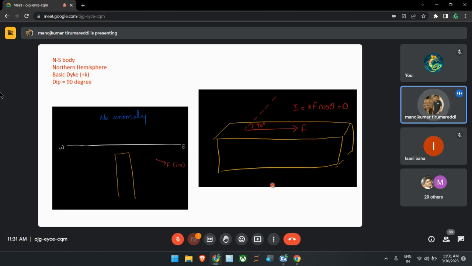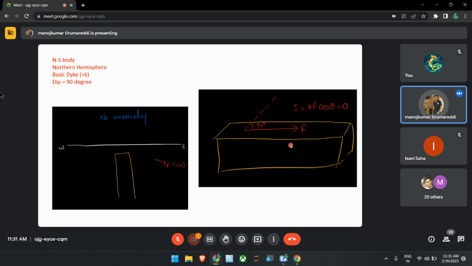That's why, irrespective of the body strike, we will do the magnetic survey in north-south directions only. Because if you do the survey in the east-west direction, we don't get anything, as there is no secondary field.